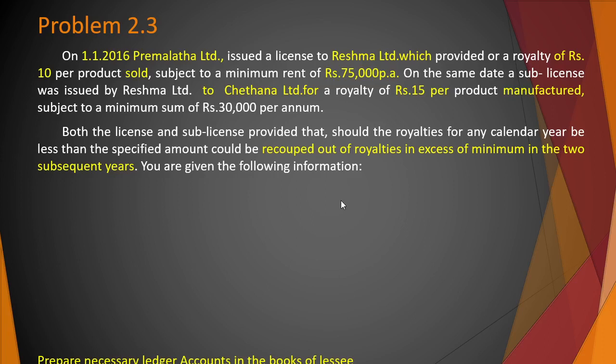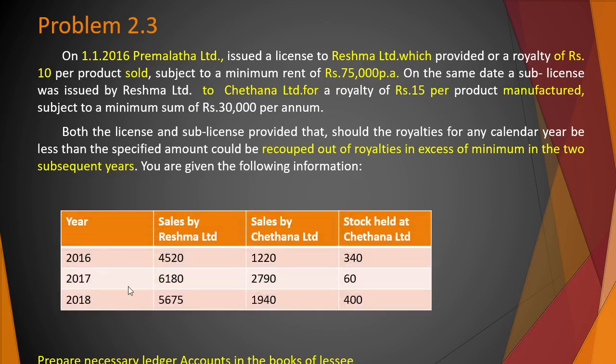They have given 3 years information: 16, 17 and 18. Sales by Reshma Limited, that means lessee. Sales by Chaitanya Limited, sublessee, and stock held at Chaitanya Limited. So based on this, we need to calculate the royalties.